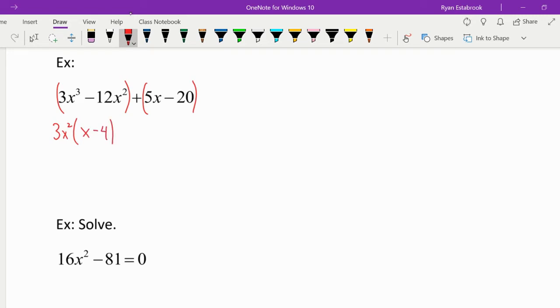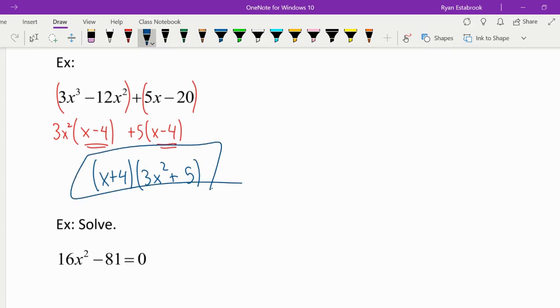And then a GCF in the last two terms would be 5, which goes into both of them. Then I know I did it correct if those two terms are exactly the same. So in factored form, it's going to be that common binomial, the x plus 4, times the factors in a binomial in our other part.